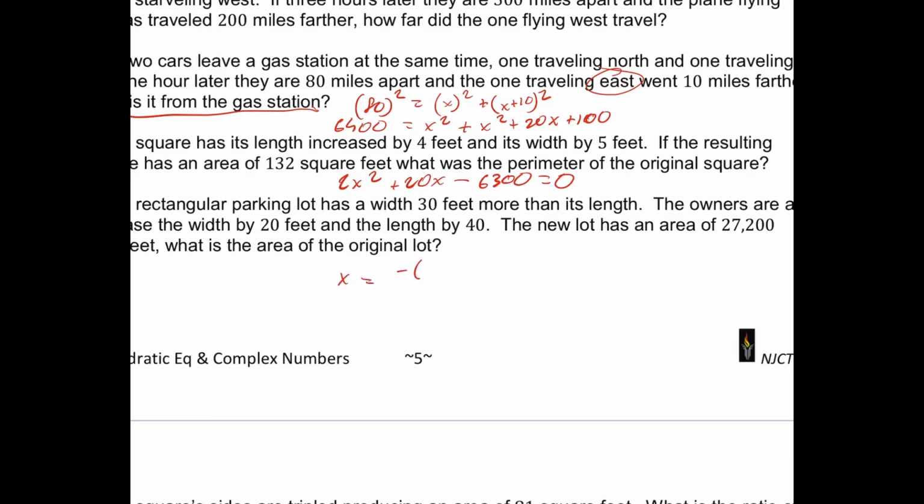So we have negative b, and b is 20, plus or minus the square root of b squared, which is 20 squared, minus 4 times a, which is 2, times c, which is negative 6300, all over 2a. A is 2.